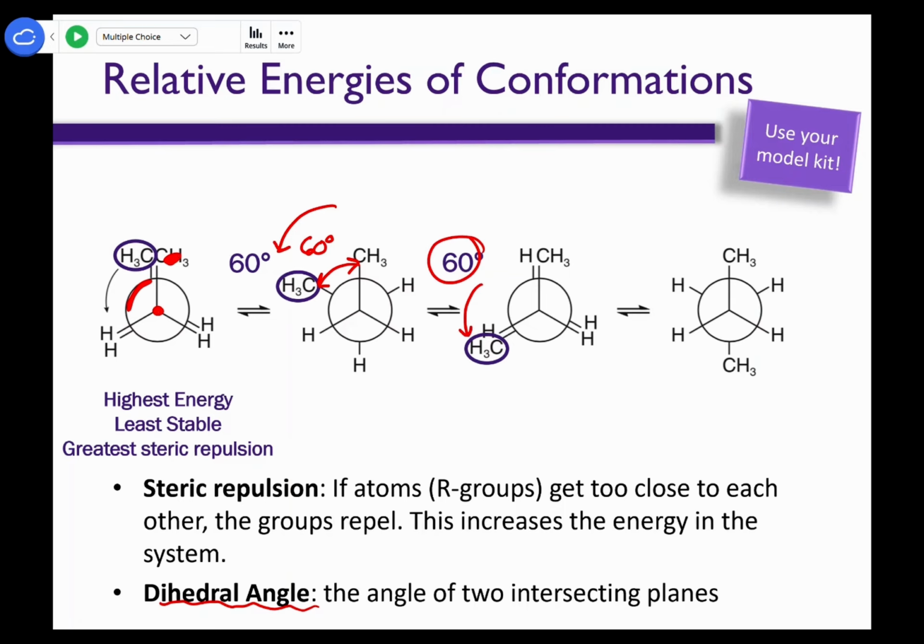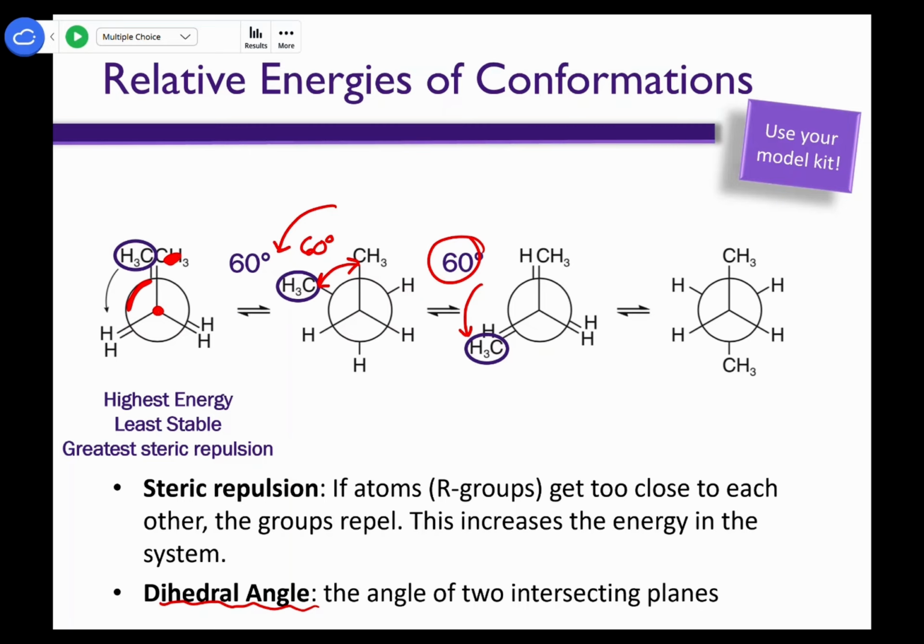We're going to rotate 60 more degrees. Now we're at another eclipsed conformation. And if you're looking at it this way, look straight down that carbon-carbon bond and line up all of those bonds. If we rotate 60 more degrees, we're now at a dihedral angle of 180 degrees.